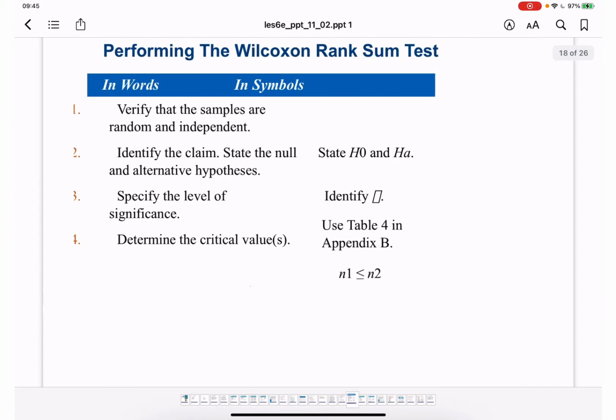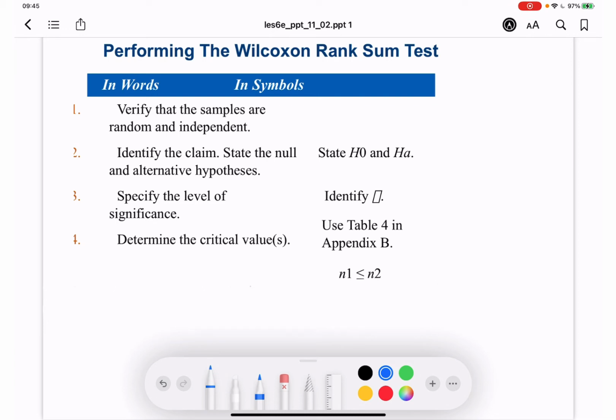We are going to follow the guidelines. What do we need to do to solve the Wilcoxon rank sum test? First, we need to make sure that they are independent samples. Then identify the claim. So this time I decided to go over it, maybe it will help you better. We identify the claim.